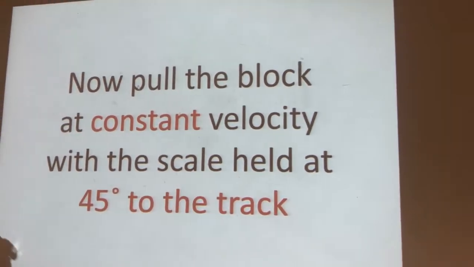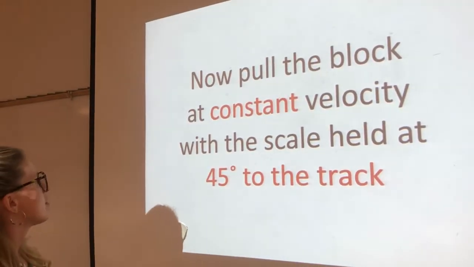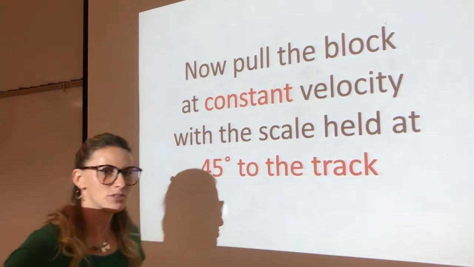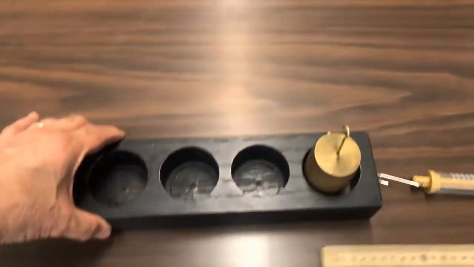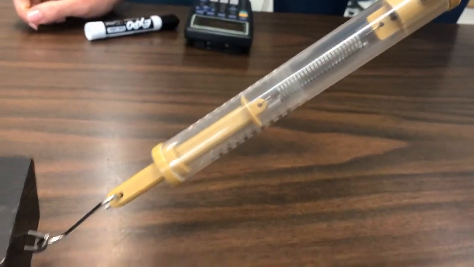Now pull the block at a constant velocity with the scale held at a 45-degree angle to the track. Okay, 45, right about there. Ready? Go.